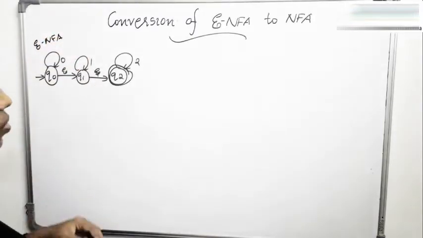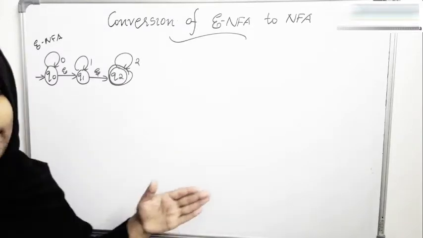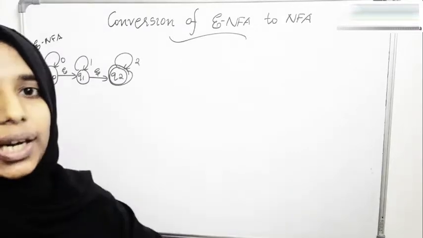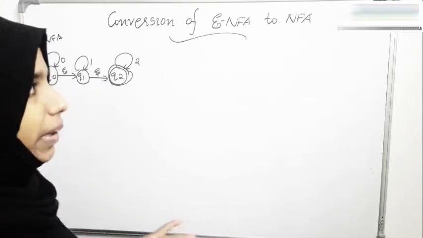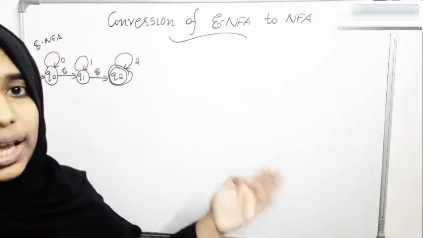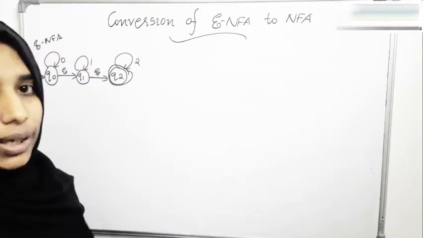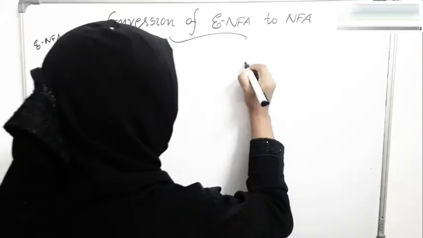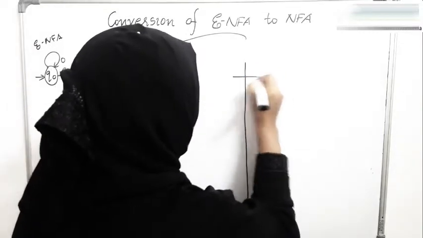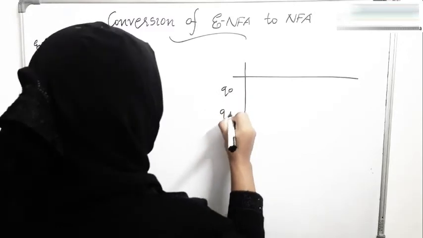The one thing that you have to remember is that the states of the epsilon NFA and the NFA will be exactly the same. That is, the set of states will be exactly the same for an epsilon NFA and an NFA. Some transitions will be different. That's the only difference. So for the resulting NFA, the states will be Q0, Q1 and Q2.